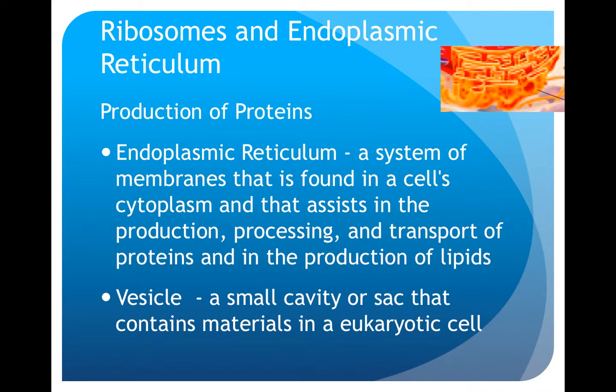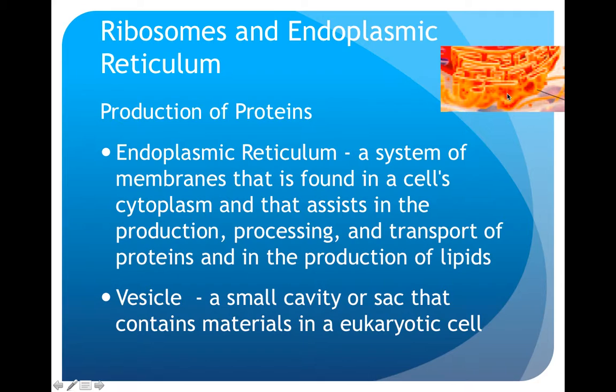The endoplasmic reticulum is a system of membranes that is found in a cell's cytoplasm that assists in the production, processing, and transport of proteins and the production of lipids. So once these proteins are made, see these little bitty dots, kind of blurry, these little bitty dots are ribosomes, and it's going to make the proteins.